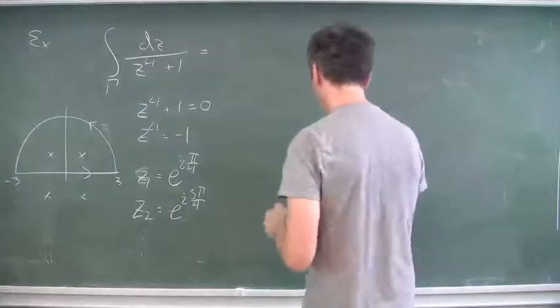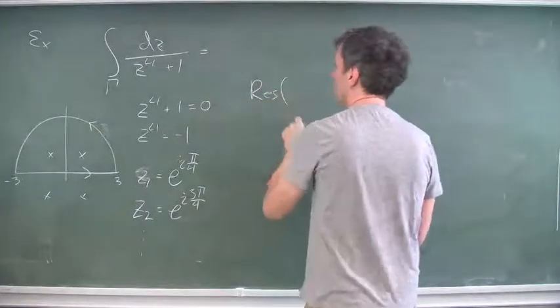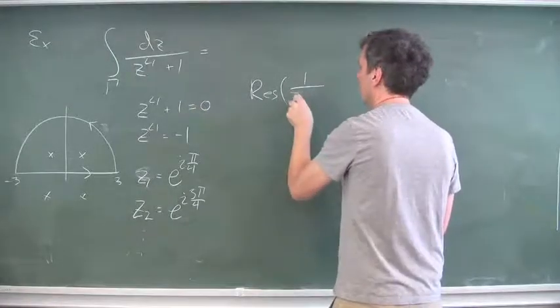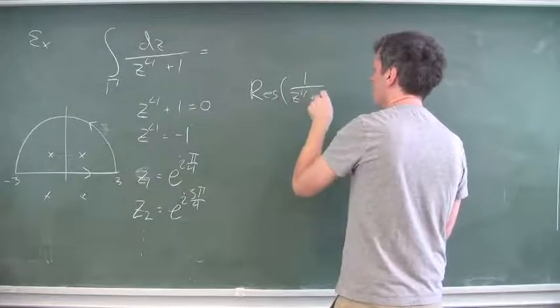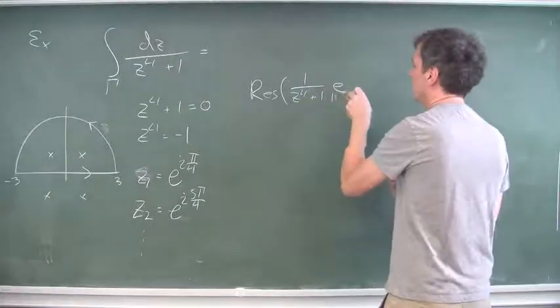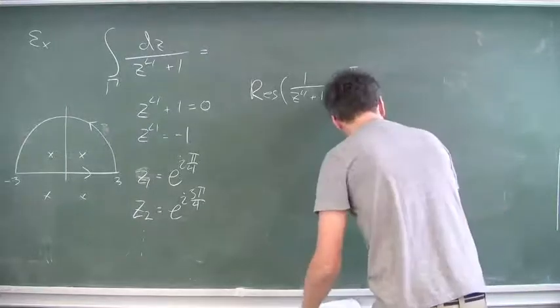So what will be the residue of the function 1 over z to the fourth plus 1 at the point e to the power i pi divided by 4?